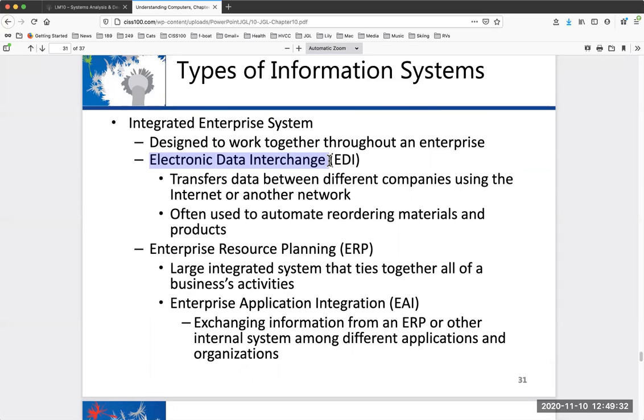One of the first areas to use this, car manufacturing, okay? Ford Motor Company needs tires for its cars. Goodyear, Goodrich, all these things. And rather than fax this information across, let's just send it across electronically. The successor, or the evolution of this, is web services, which we spoke about in the chapter on internet.